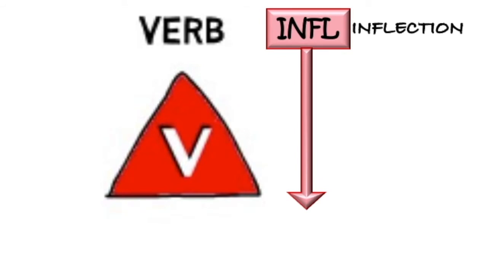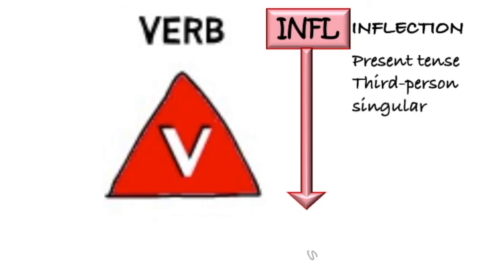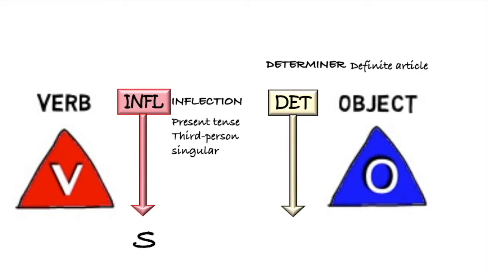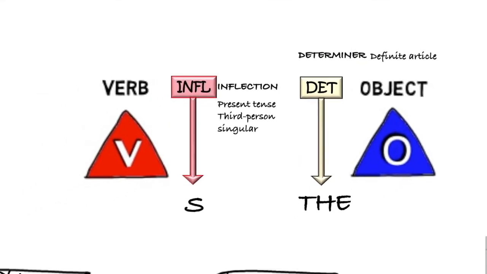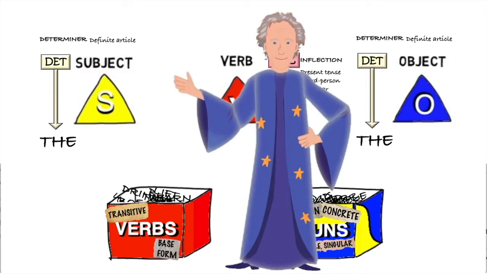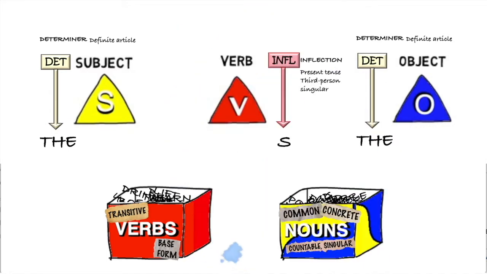I'm going to use the verb ending for the present tense, third person singular. Again, if you don't fully understand this, don't worry about it. I'll explain it more later on. And finally, we're going to add the same determiner, the, to the object. And that's it. That's all we need. We're now ready to start generating language using this structure.